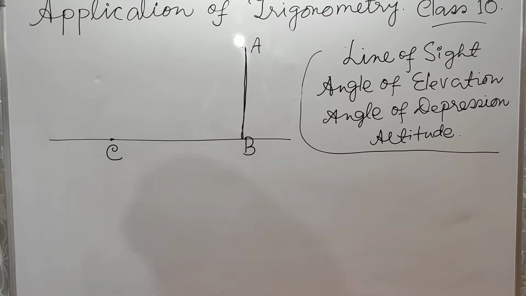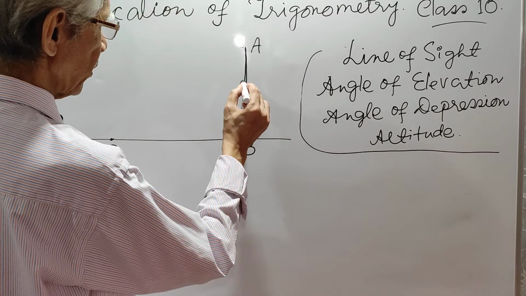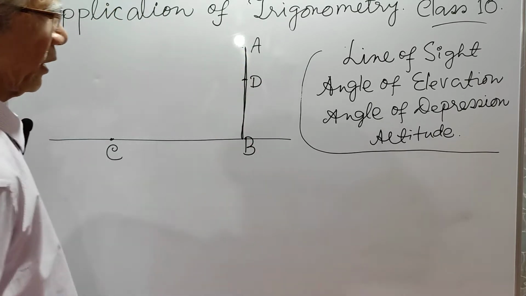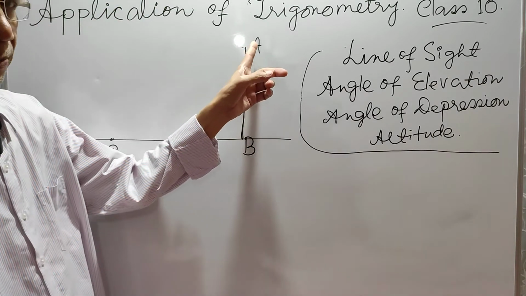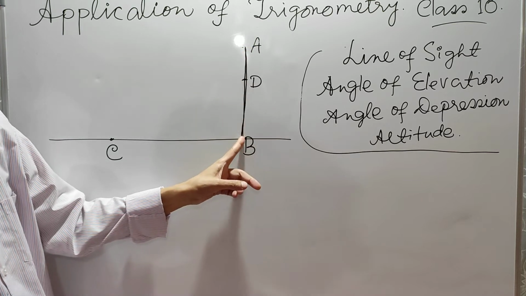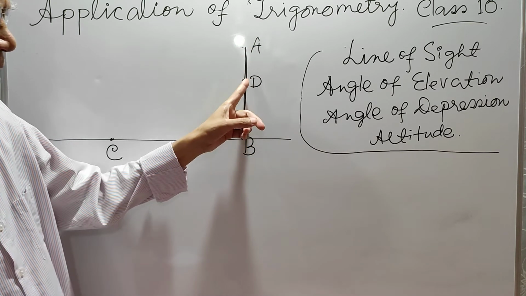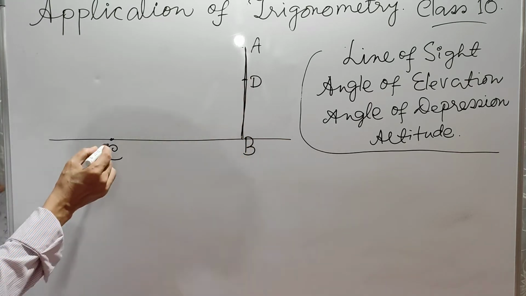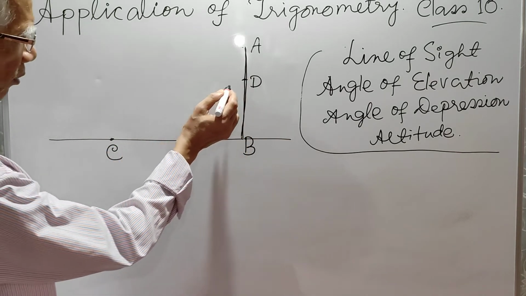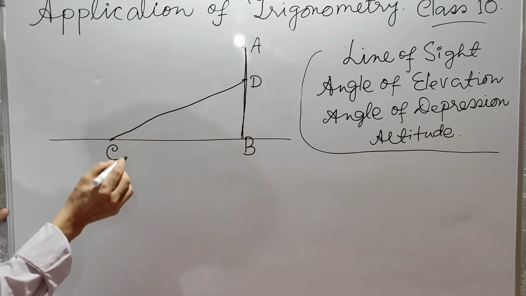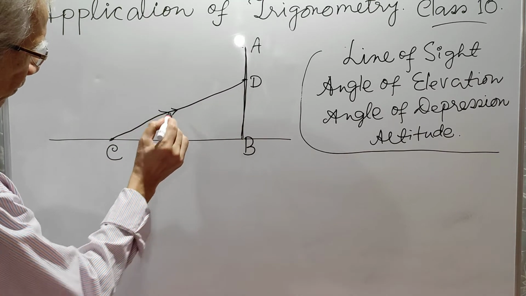All right. Now this is a point D. This point is just below A. A is the top of the tower. B is the foot or bottom of the tower. Now D is a point somewhere between A and B. All right. Now this is the observer, looking towards D. So this is a line of sight.